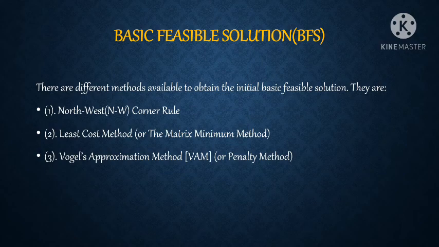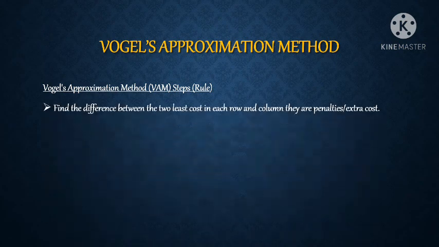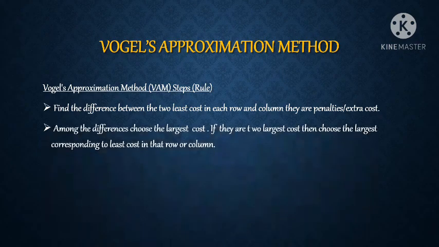Now we see one sum in Vogel's approximation method. First we need to know the steps involved. First, we find the difference between the two least costs in each row and column. They are called penalties or extra cost. Among the differences, choose the largest.